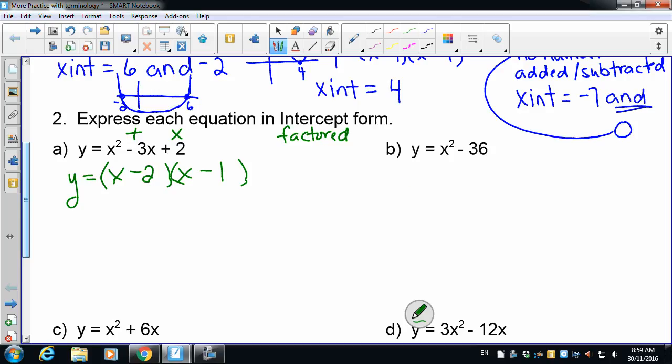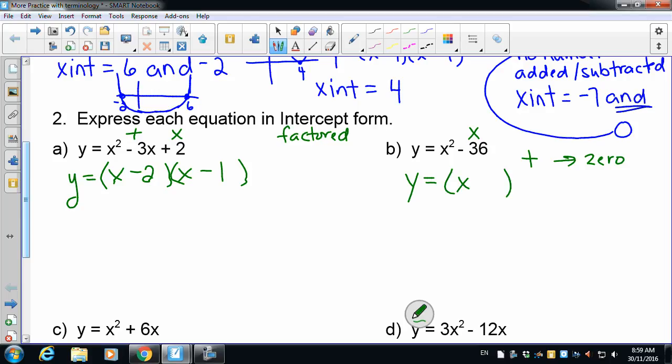So if I look at B, I have got no x term. So there's nothing I'm adding. So I'm still looking for two things that multiply to get negative 36, but this time they have to add up to get 0.